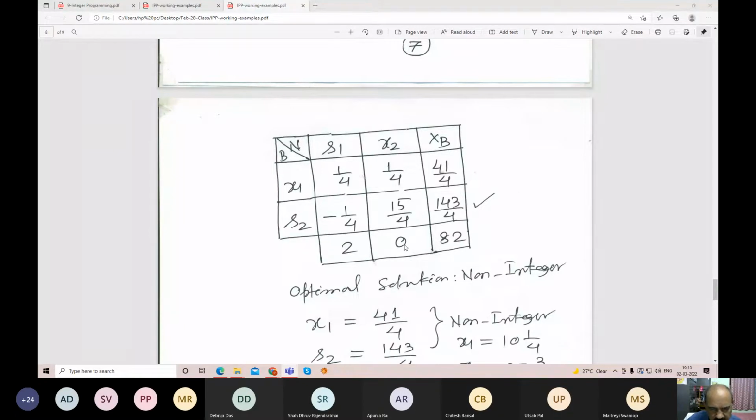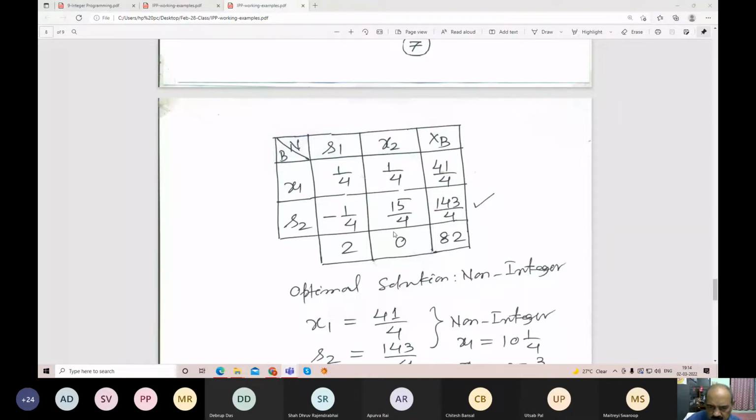With respect to 0, we find the key element in this manner. 41 by 4 divided by 1 by 4 is 41, and 143 by 4 divided by 15 by 4 is 143 by 15. That is the minimum.